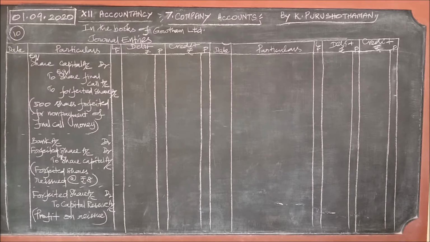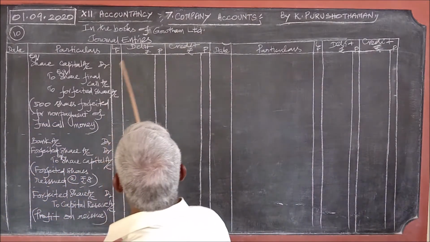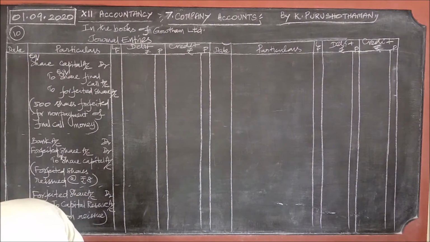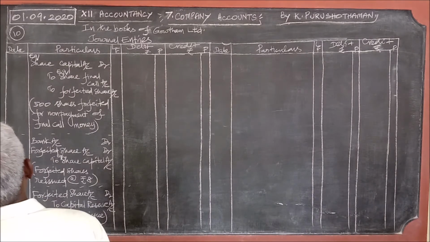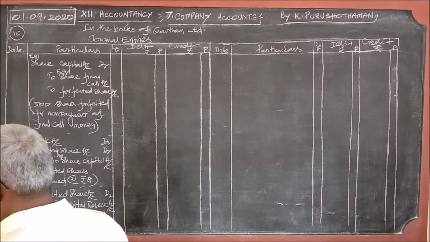Yes, I should explain something in the journal entries; later we should go for the calculation. First one, listen. This Gautam Limited issued 500 equity shares at the rate of ₹10, held by Raghav for non-payment of the final call of ₹2 per share.